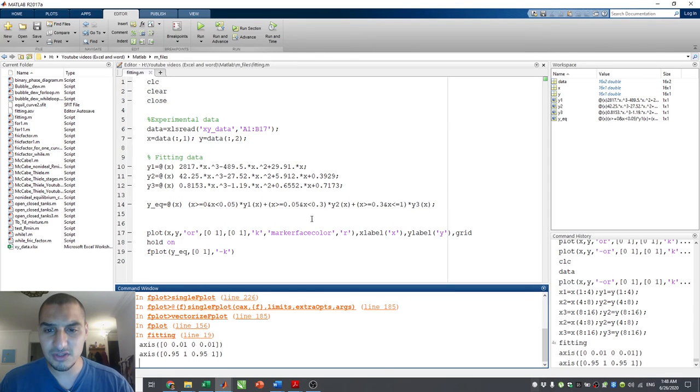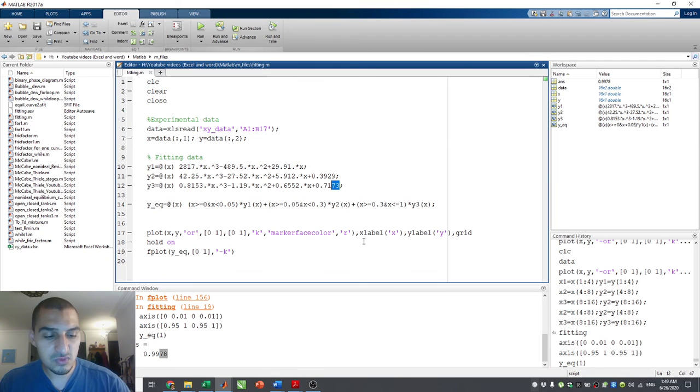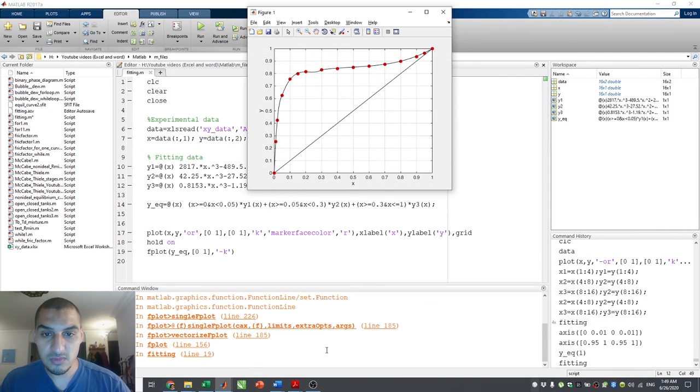It's not a big deal actually. If you use the equation to get y equilibrium at 1, it's going to be 0.9978. So you need to just increase the equation by 0.0022. So what I'm going to do here is increase this by 22, so it's going to be 95, and now you can do the plot.